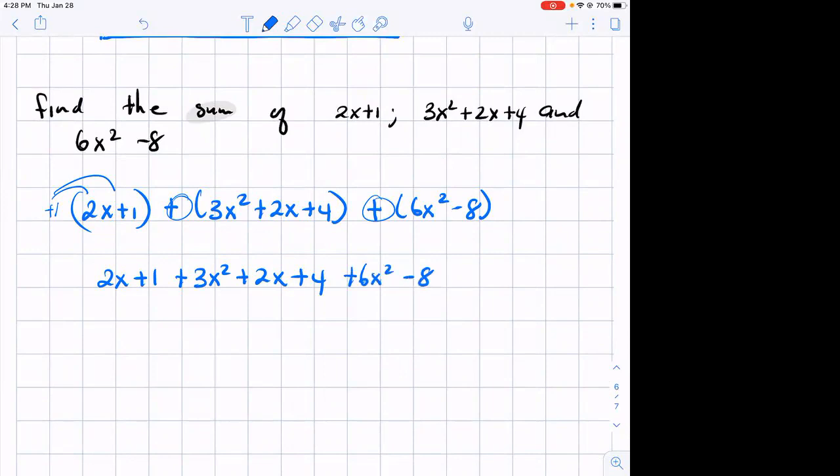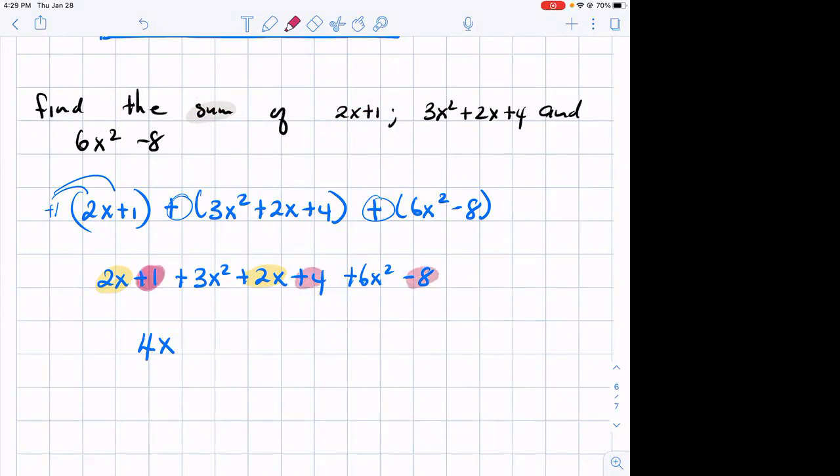And now we look for like terms, okay? So now I have a 2x here, and I have another plus 2x here, so that becomes 4x. Then I have a constant term, a plus 1, a constant plus 4, and a constant minus 8.